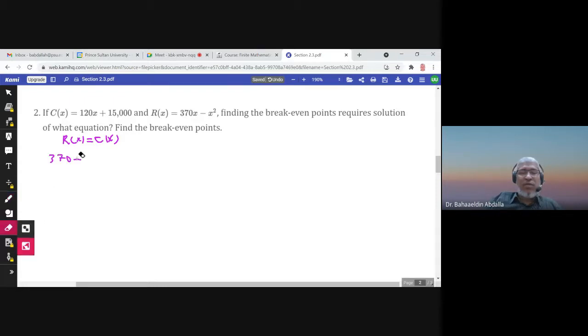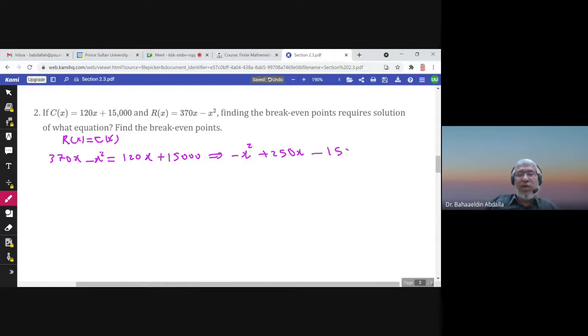So we have 370x, which is the revenue function, minus x squared equals the cost, 120x plus 15,000. Let us take everything to the left-hand side. So I have 370x on the left-hand side and minus 120x when I take it to the other side. So I will have plus 250x, and 15,000 when you take it to the other side would be negative.